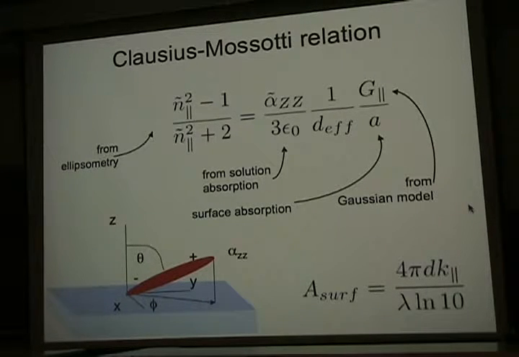So it depends on things like the polarizability of the molecules, the effective thickness of the layer, the surface coverage of molecules in the monolayer, and the orientational information about the molecules in the monolayer. What's the orientational distribution function of those molecules? So this relates all that microstructural information to macroscopic optical constants of the layer.